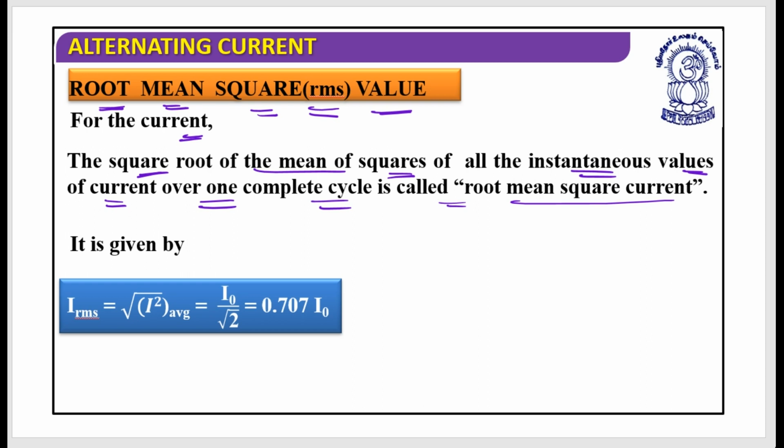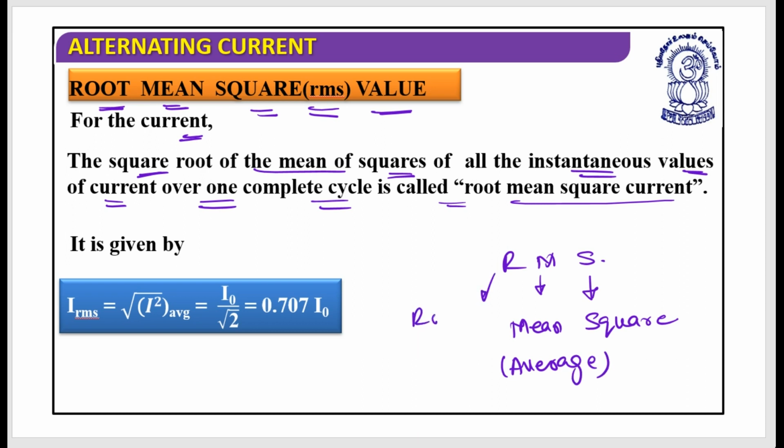So basically when I say it's RMS, I'm doing the reverse thing. First I will square whatever I received, then I will take a mean of it, which is the average value of this.